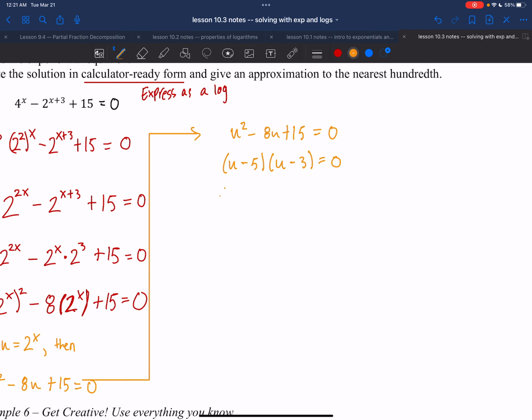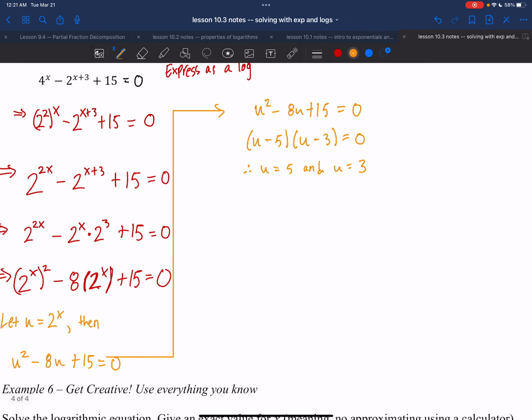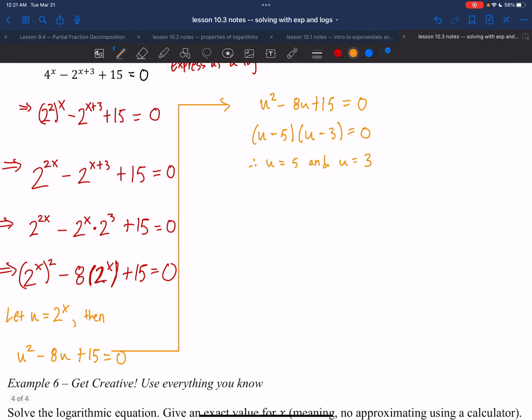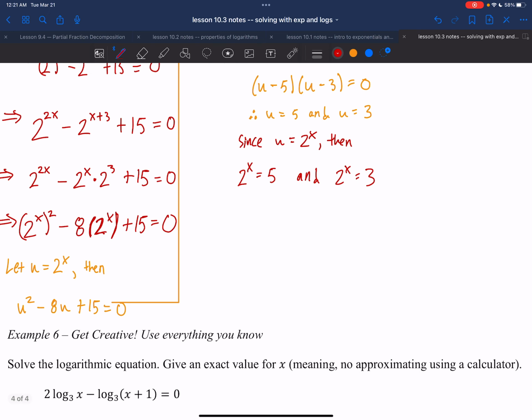So therefore, u equals 5 and u equals 3, right? But what is u? What did I say u was? Since u equals 2 to the x, then 2 to the x equals 5, and 2 to the x equals 3.